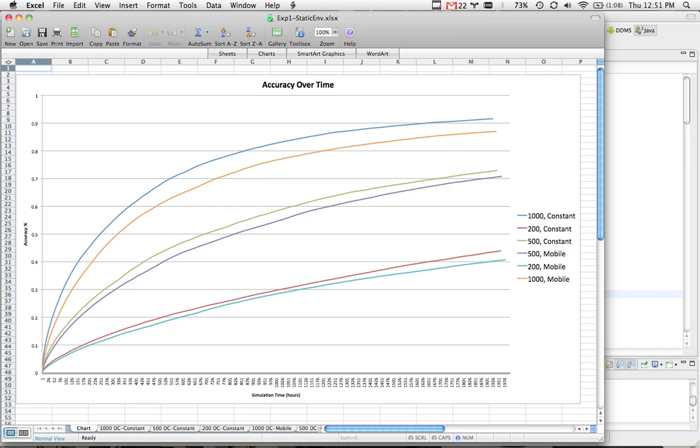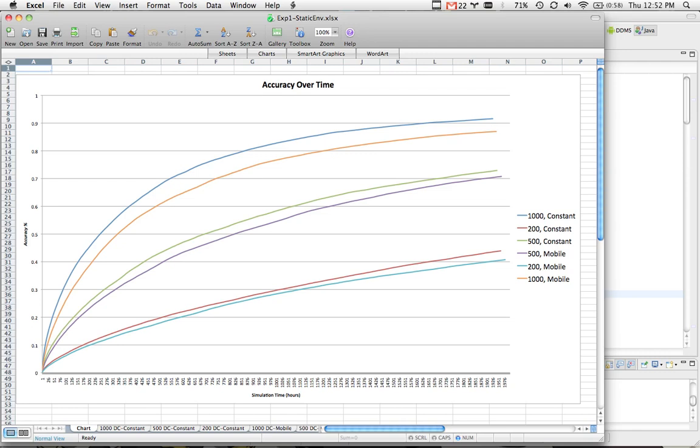So in a totally static environment where nothing is changing, as time goes on, hopefully the accuracy of the perceived network compared to the real network is increasing, which is exactly what we're seeing here. The major divisions of lines are the number of smartphones. Down at the bottom, these two are 200 smartphones in the environment. In the middle is 500 smartphones, and up at the top is 1,000 smartphones.